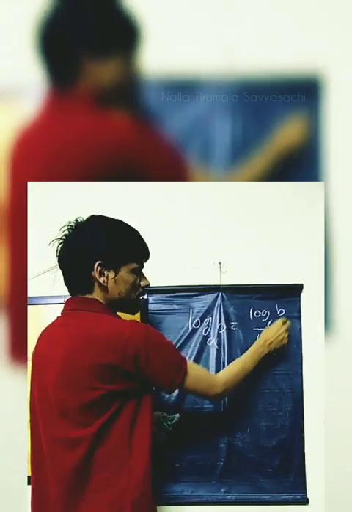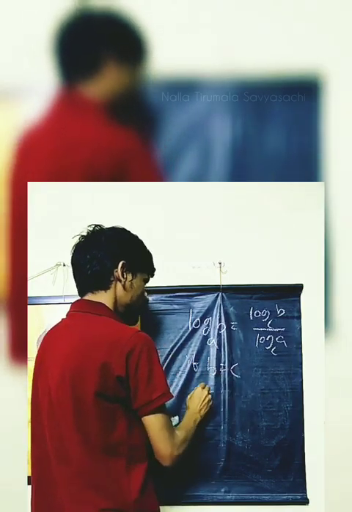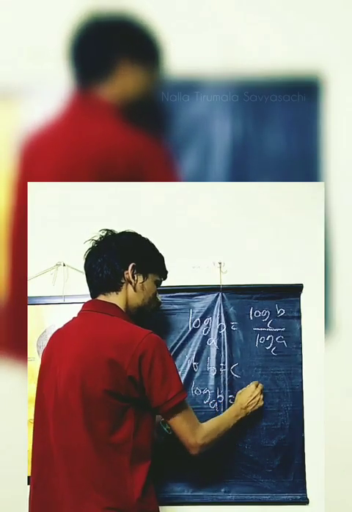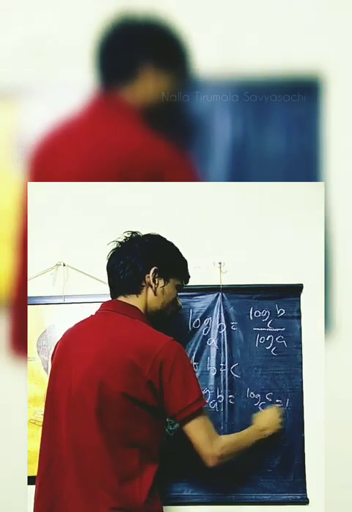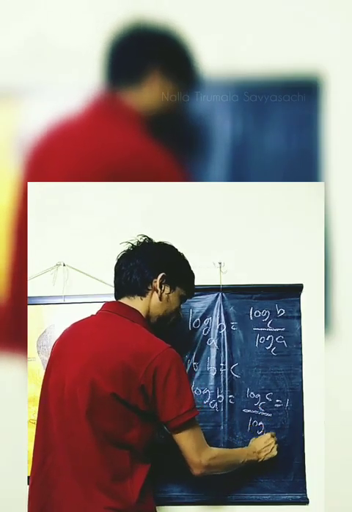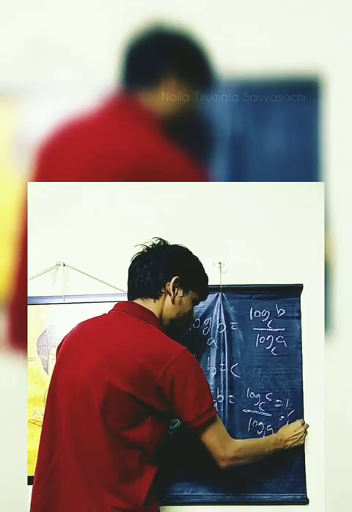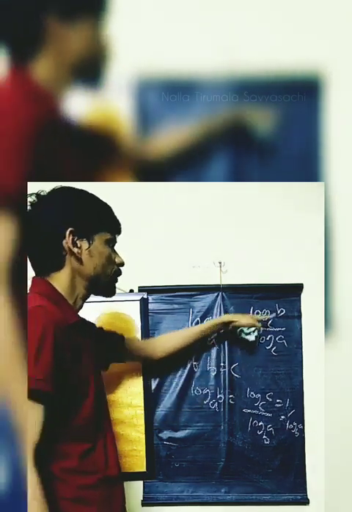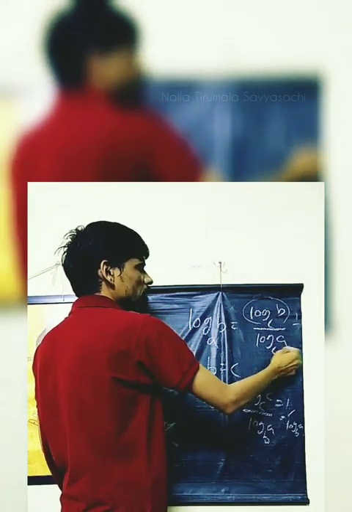After that, we said if b equals c, then log b b will be 1, so log a b is 1 by log b a. If b equals c, this part becomes 1.